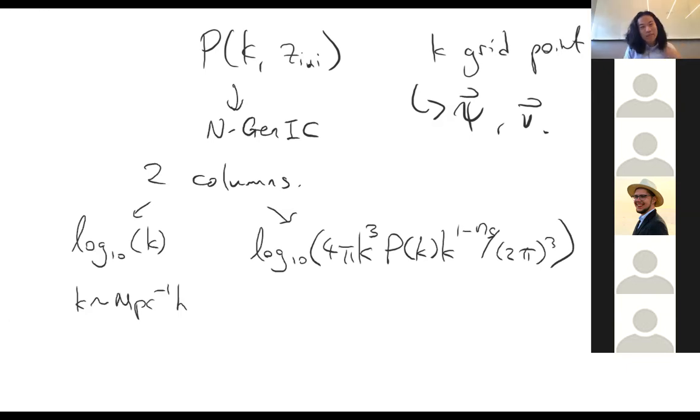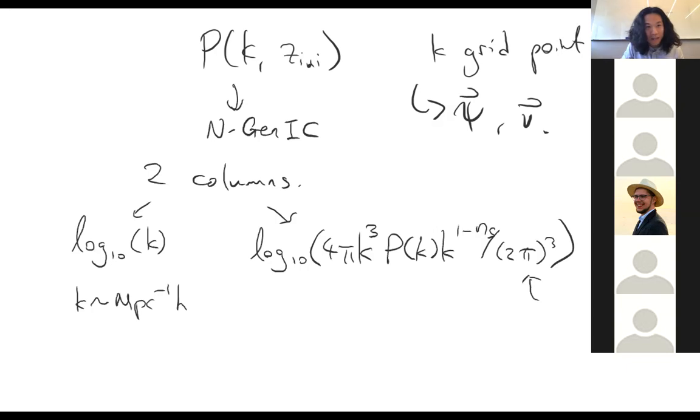Let me explain what happened here. This log base 10 and the K cubed are completely useless because as soon as NGenic reads the file, it takes the power of 10 and then divides by K cubed. I have no idea why it does that. You can very easily go into NGenic and say, don't take the power of 10 and don't divide by K cubed, so you can just put in the power spectrum.